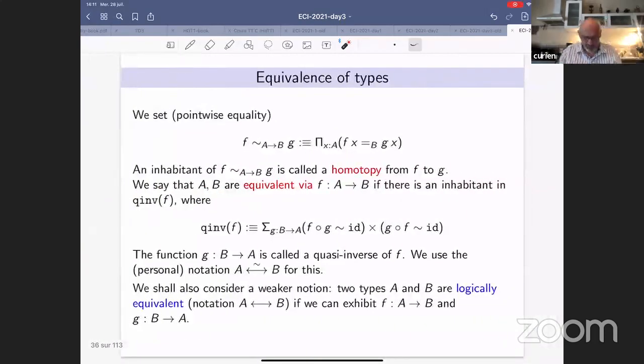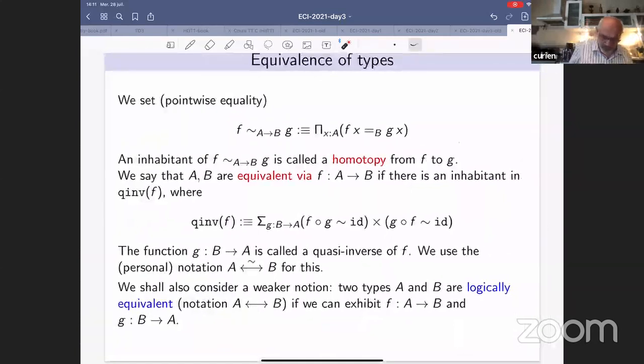Yes, here. Okay. So I introduced the notion of equivalence, which is the existence of a function that has a left and a right inverse. Okay, and then I introduced a weaker notion, which I called logical equivalence, where you see the difference between Q-inv, which leads to this notion of being equivalent, and being logically equivalent.